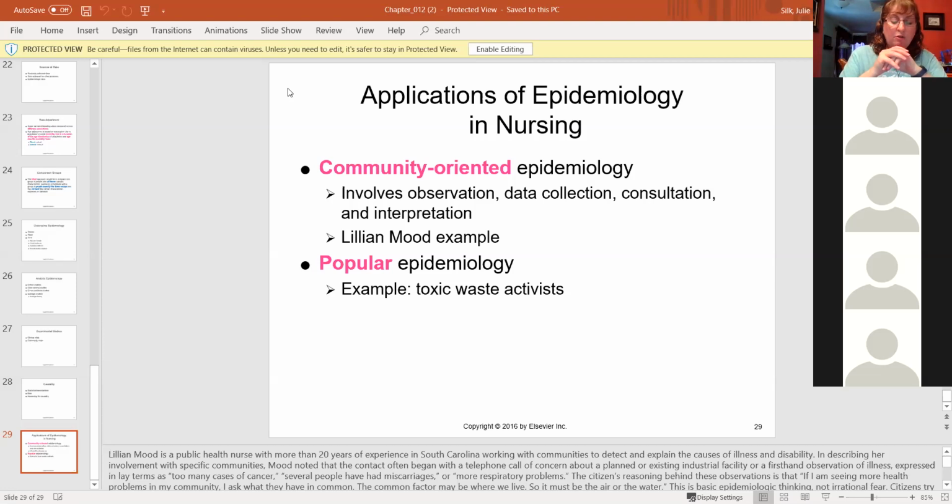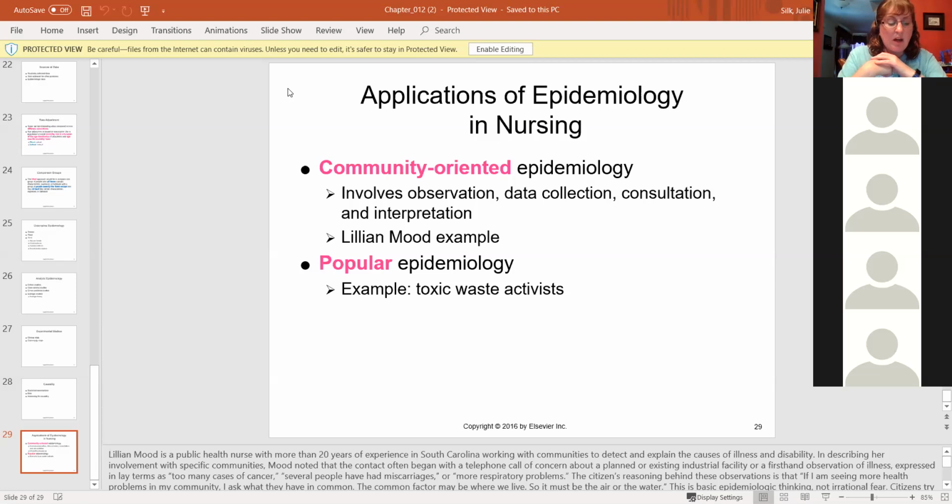In describing her involvement with specific communities, Mood noted that the contact often began with a telephone call of concern about a planned or existing industrial facility, or firsthand observation of illness expressed in lay terms as too many cases of cancer, or several people have had miscarriages, or there's a lot of respiratory problems.